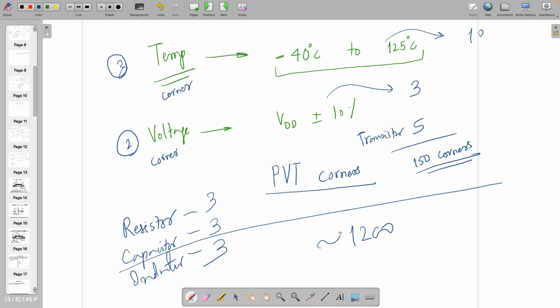More than 1,200 corners you have to run and check. So if one corner takes, let's say, 1 hour for the full chip, then 1,200 corners can take 1,200 hours. Sometimes we use multi-core and many other things, but you have to do all this and make sure that it works at each corner.